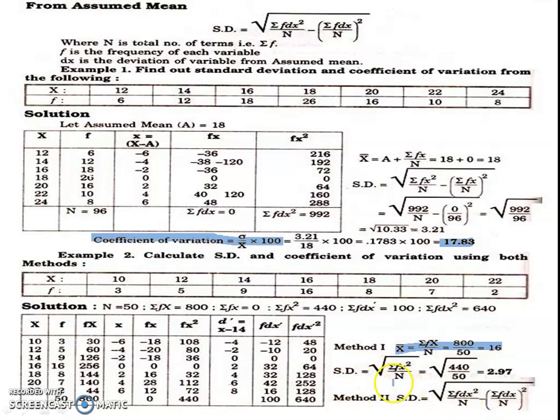Standard deviation formula: summation fx square upon n. Where do we derive fx square? Yes, we need x. X is minus 6, minus 4, minus 2, 0, 2, 4, 6. Where is it derived? Let us check. I take this as x. The first value of x is 10.